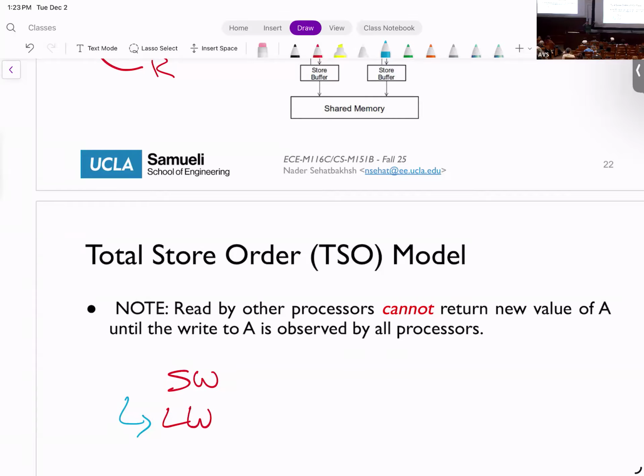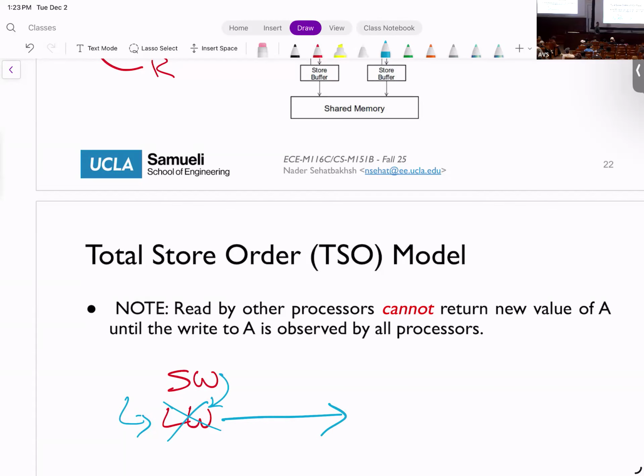If it's dependent on the store, we redo it. That's exactly what this says. I can issue the load and move it behind the store, but if this store is indeed to the address of this load, then I discard this load and move it after the store. Same thing that we discussed before; TSO gives you that capability.